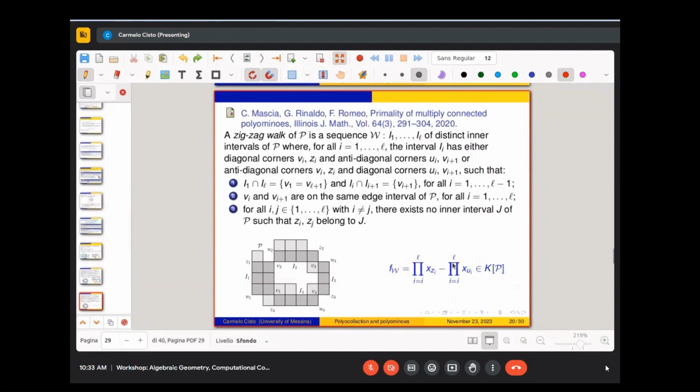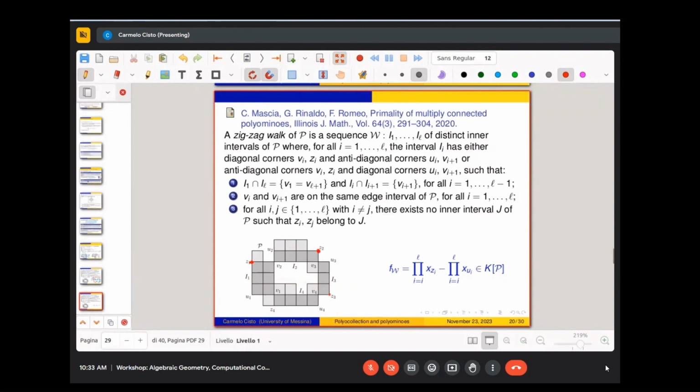Another thing that is important is that to every zigzag walk we can associate a binomial. We can identify some vertices in the zigzag, for instance, in a sort of cyclic way.